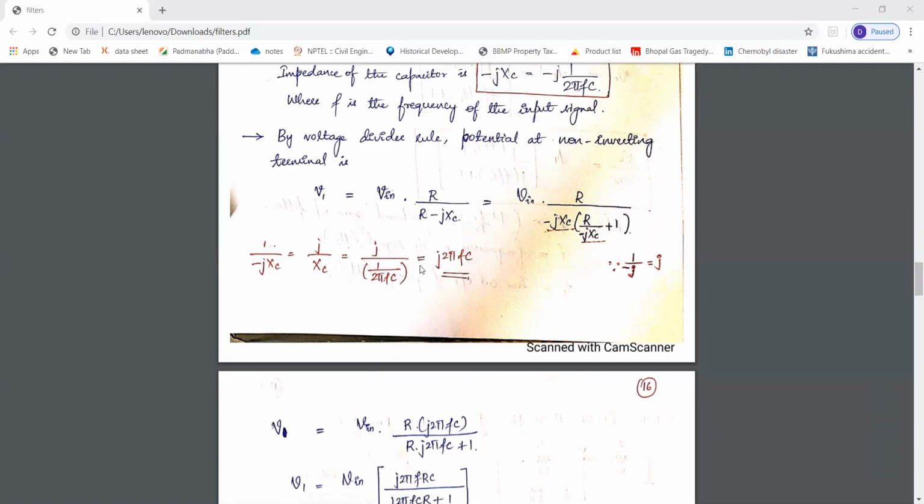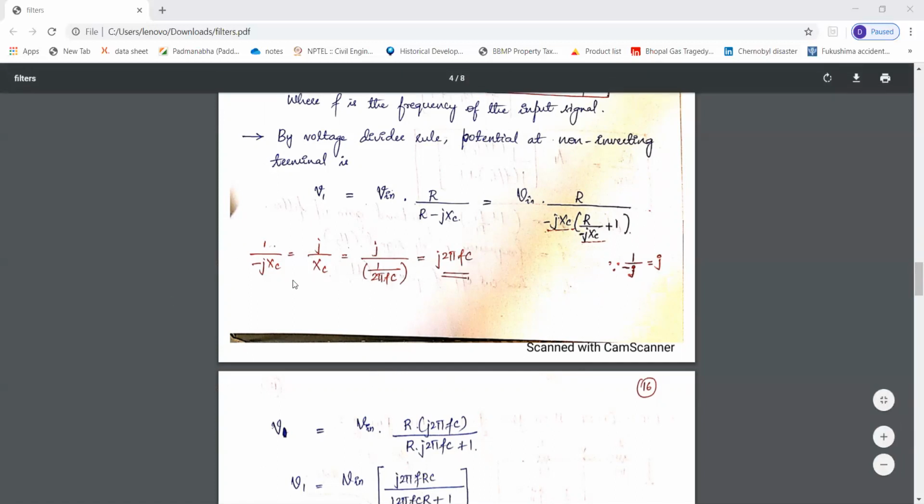So 1 by minus jXc will be equal to j2 pi fc. I will substitute j2 pi fc here as well as here, underlined in the red pen. So V1 will be equal to Vin into R into j2 pi fc, divided by R into j2 pi fc plus 1.